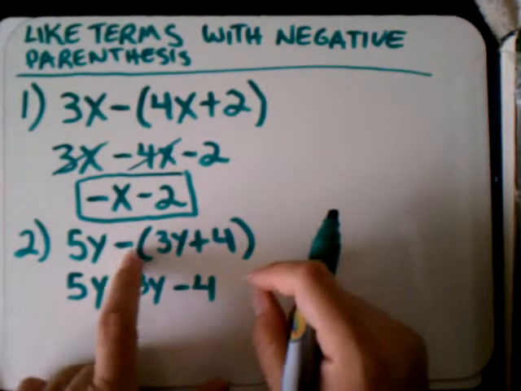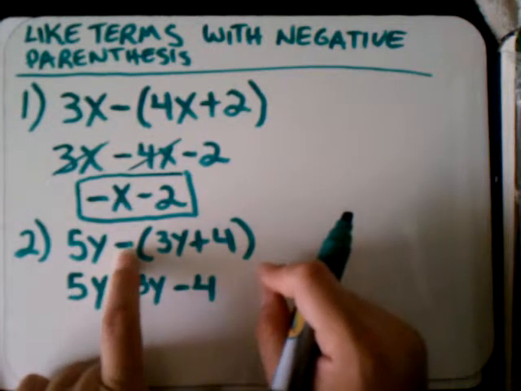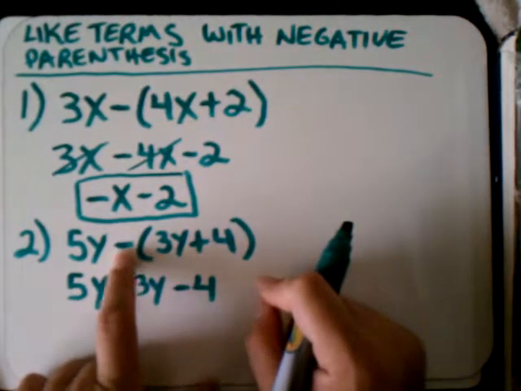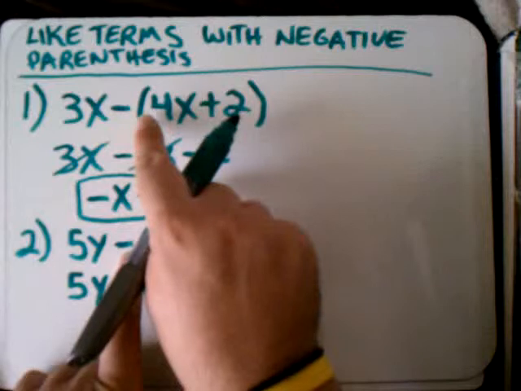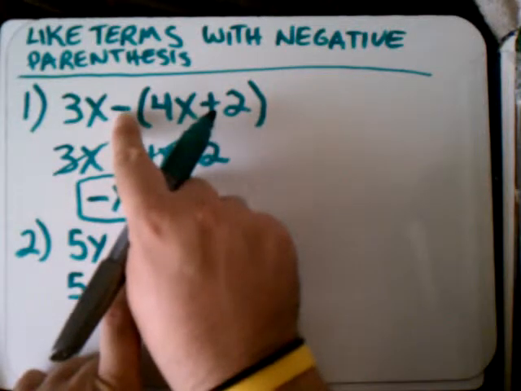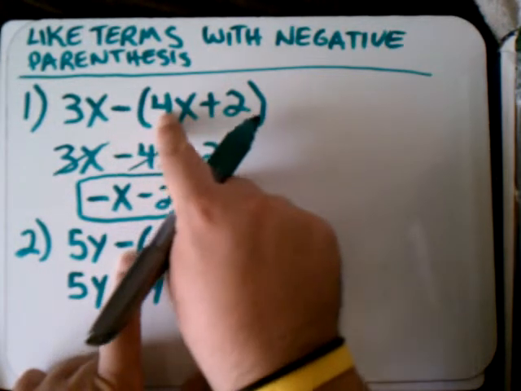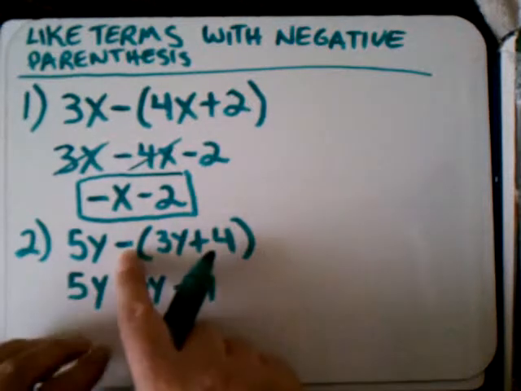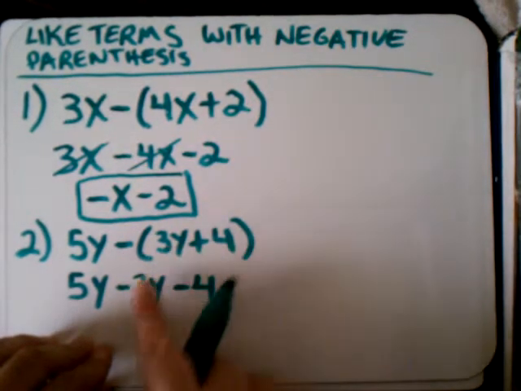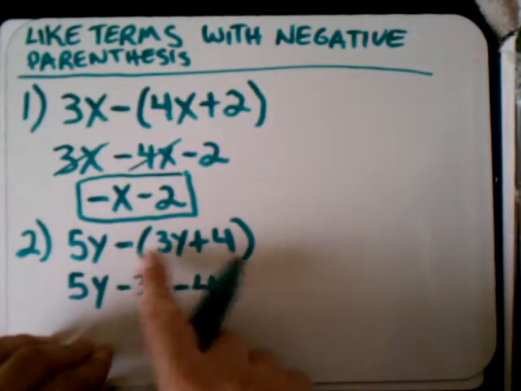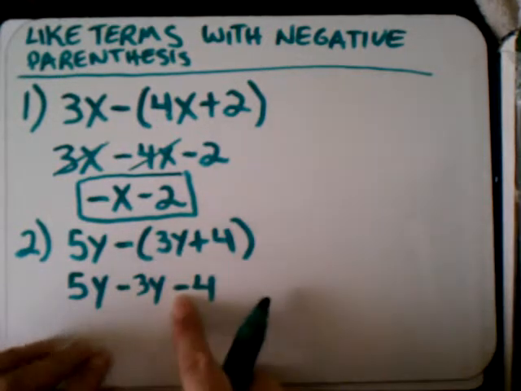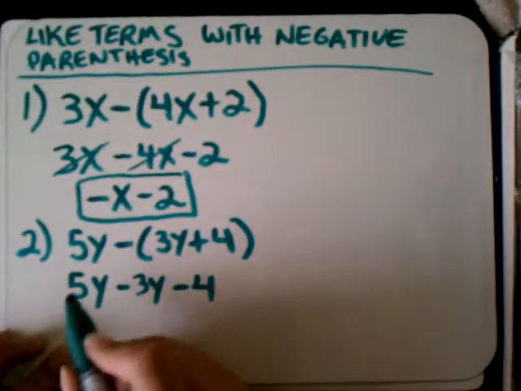The reason that the negative changes the signs is because you're supposed to multiply. Okay? When you have a negative and a parenthesis, this means negative 1 times whatever you have inside. So negative 1 times 3 is negative 3. And negative 1 times positive 4 is negative 4. Okay?